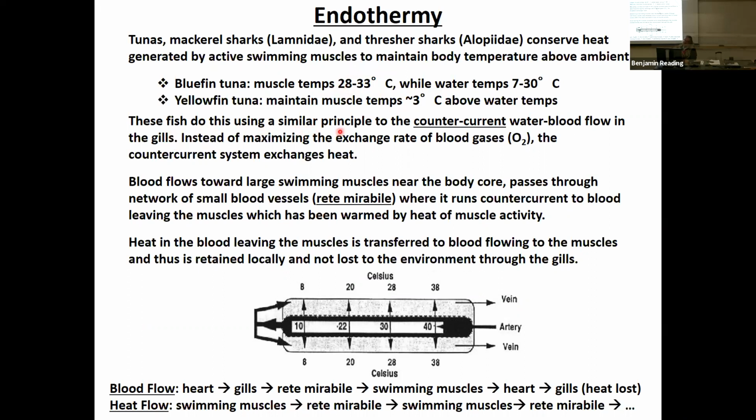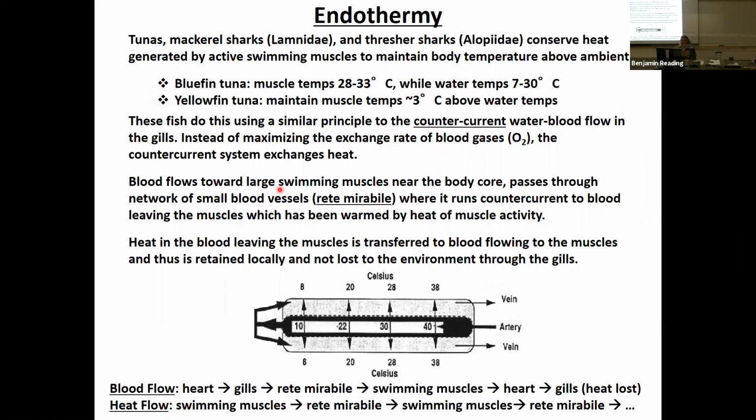These fish do this on a similar principle to the countercurrent water exchange with the blood that we saw in the gills last time. But instead, the plumbing of the blood vessels, the arteries and veins, runs in opposite directions, such that heat is transferred between the two pipes, the veins and the arteries.